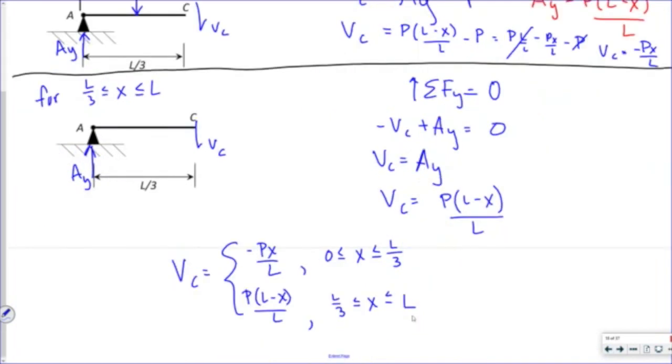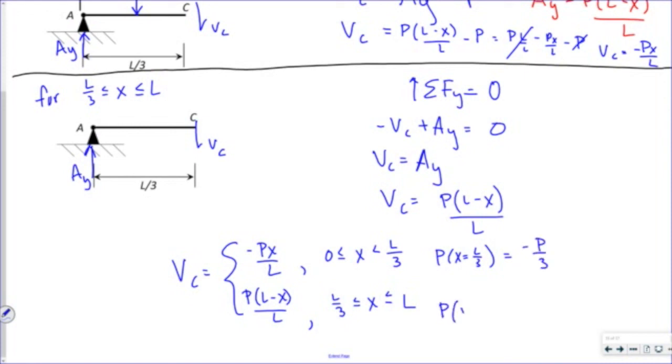and if I put P at x equals L over 3, if I go to that first one, so just before L over 3, I get minus P over 3.